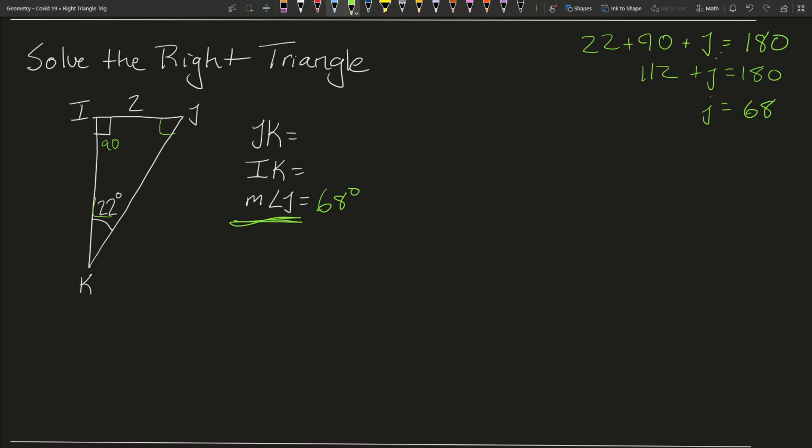So IK is this side right here, and we can label sides, I guess. So IK is the adjacent side, and we have the opposite and an angle.